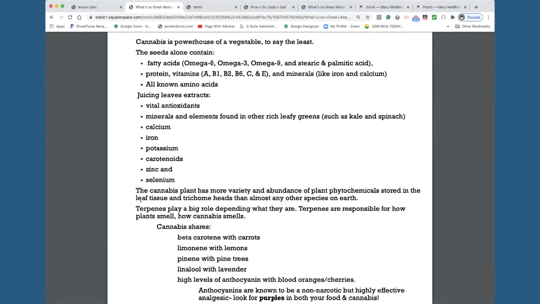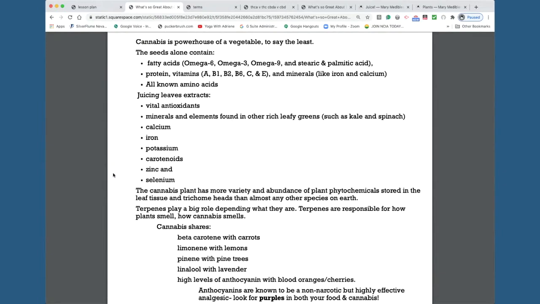The cannabis plant has more variety and abundance of plant phytochemicals stored in the leaf tissue and trichome heads than almost any other species on Earth. So when you're trying to get your nutrition pumped up, you might want to think about inserting some raw cannabis into your system.